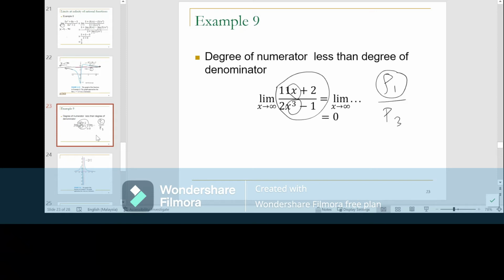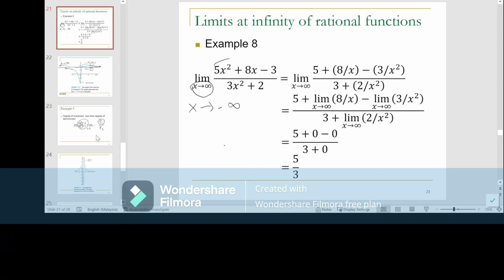This is in contrast to example 8, where the rational function is P2 over Q2, where both P2 and Q2 are polynomials of the same order.